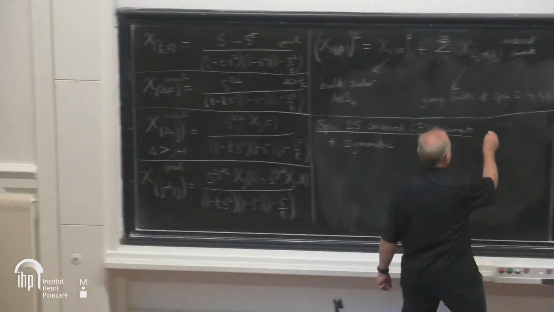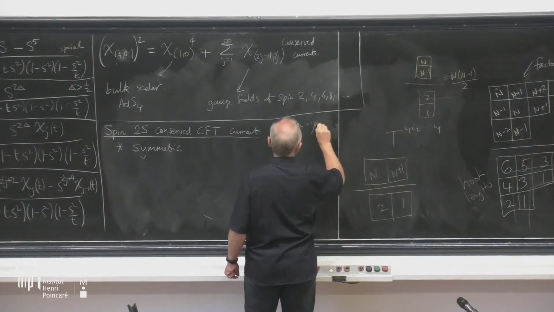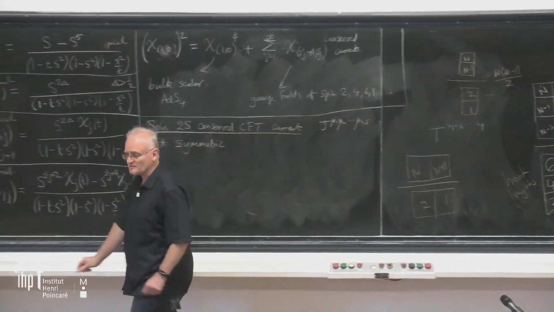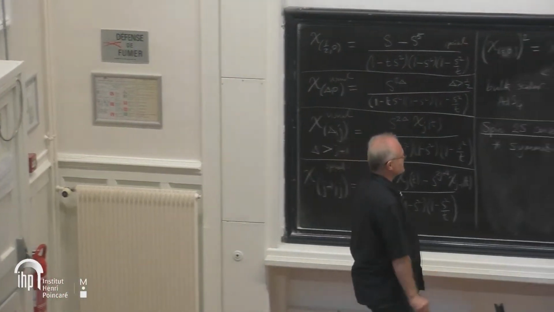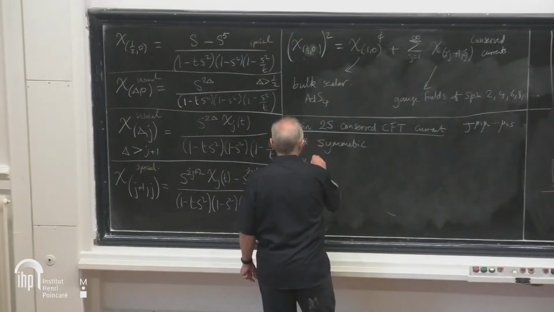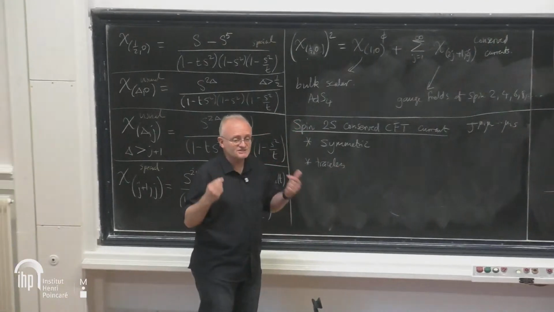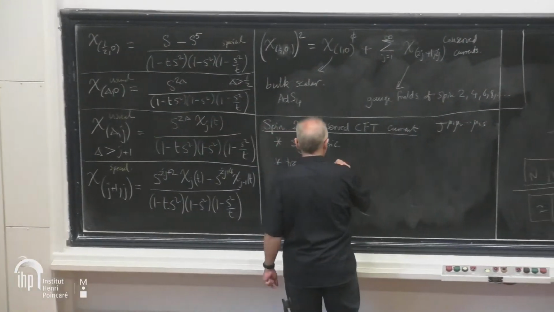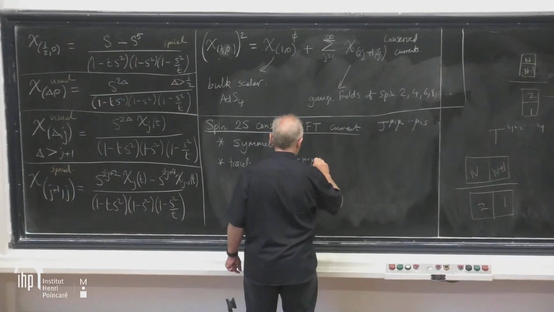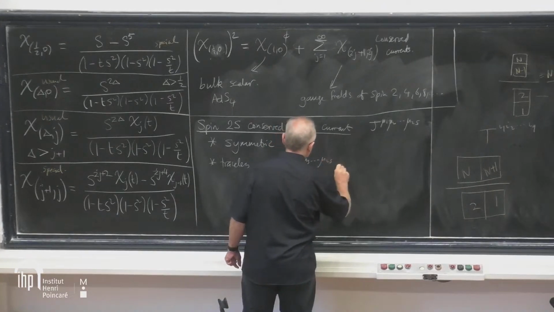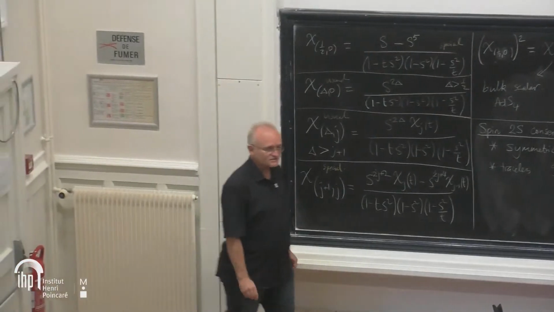So let's call this J mu1, mu2, up to mu2s. You can swap any of the mu's, and that's a symmetry. It is traceless. So you can take the trace on any two indices, and it's 0, and it's conserved.